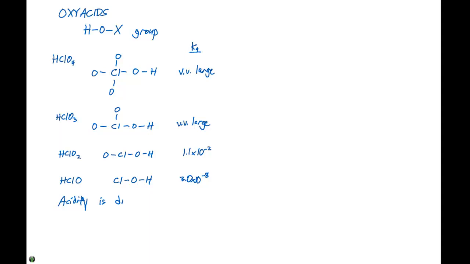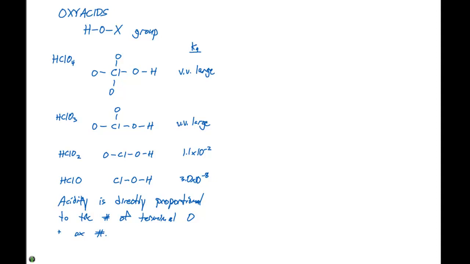So acidity is directly proportional to the number of terminal oxygens and oxidation number. The larger the amount of terminal oxygens, the higher the Ka, and the larger the oxidation number, the higher the Ka.